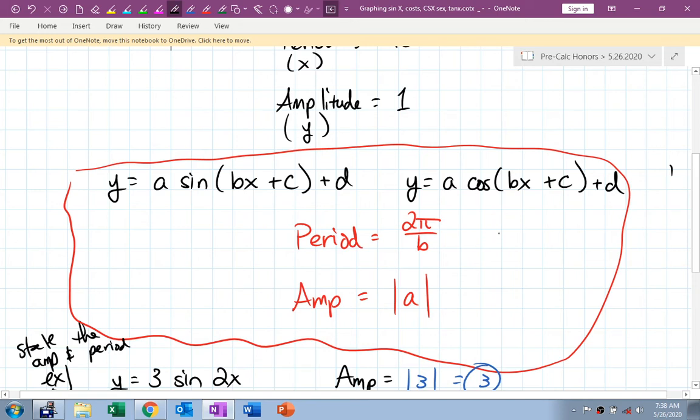All right, so the C is left and right shift. I never even wrote that down. And the D is up and down shift. Oh, man, that would have been bad. Okay. Sorry about that.